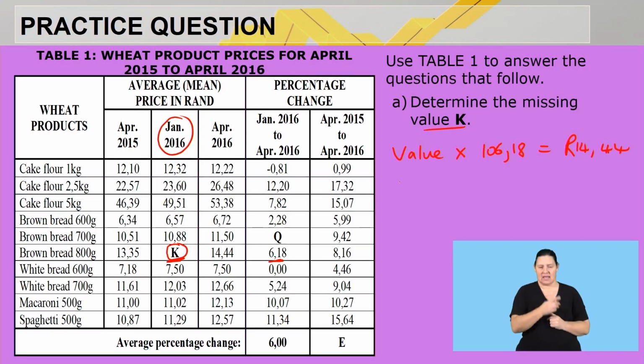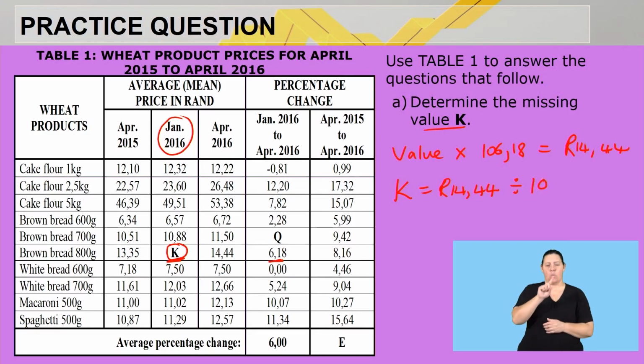So this time we are looking for K. K equals the 14 rand 44 cents divided by 106.18%. I want you to type this in on your calculator, please work with me.